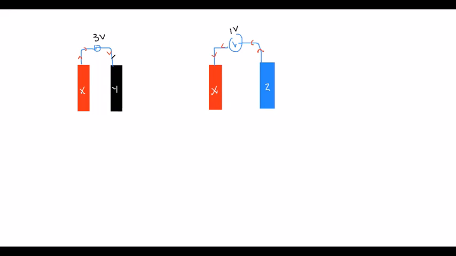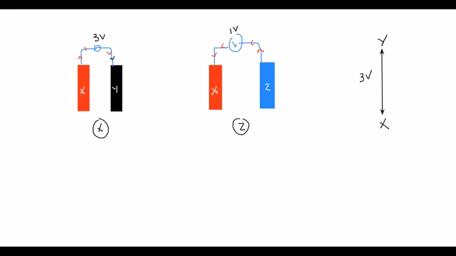Between X and Y, which is more reactive? X is more reactive. Between X and Z, which is more reactive? Z. So Z is more reactive. Now you set up the reactivity between X and Y because it's a 3 volt difference. And we know Y is more reactive, so they should have a greater difference in the reactivity, and this one is 3 volts.